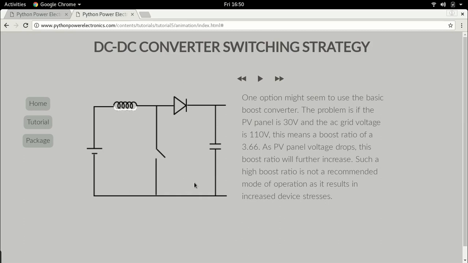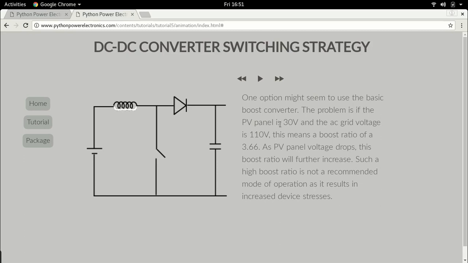So now, first things, this DC boost converter is quite often used, but let's look at this particular case. As I said before, we have a panel voltage of around 30 volts, and let's say we have an AC grid voltage of around 110 to 120 volts. So this means we need a DC bus of around 250 to 300 volts.